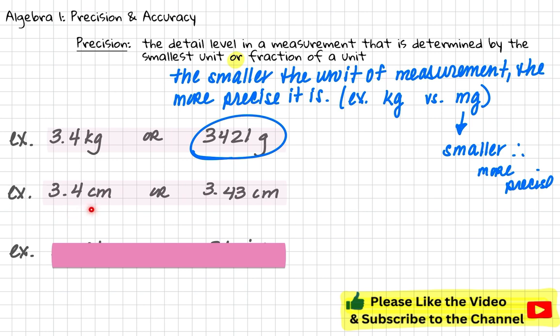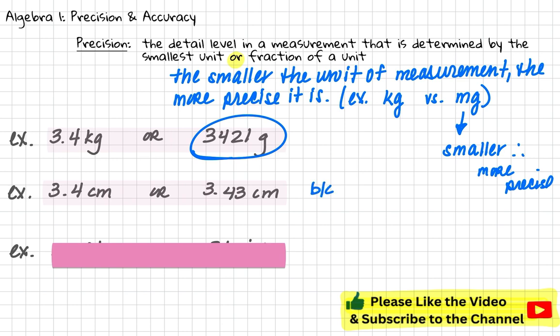For example number 2, we have 3.4 centimeters or 3.43 centimeters. Now in this case, we have centimeters compared to centimeters. That means that they're equal on that part. So we have to look at the numbers. We have 3.4 on the left side and 3.43 on the right side. Let me write this out.